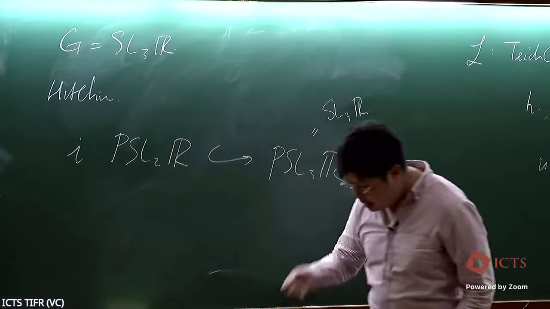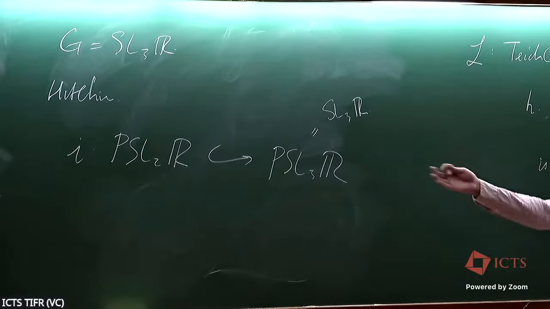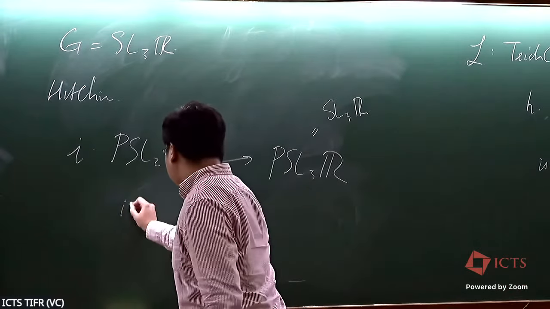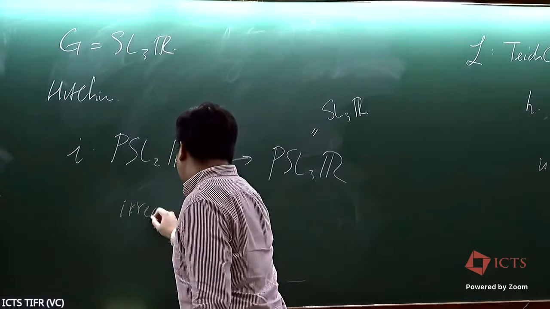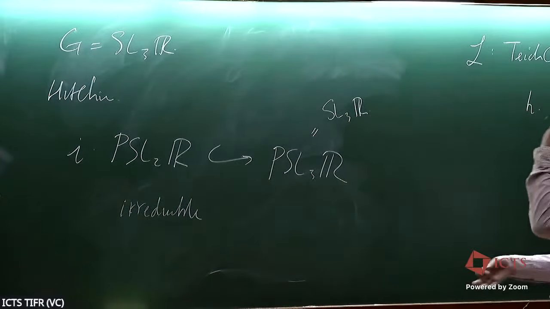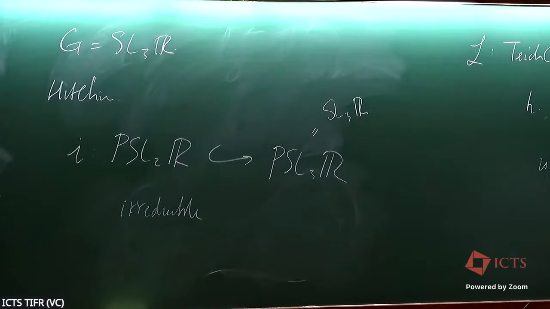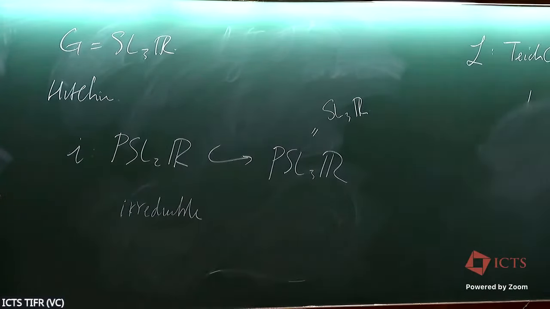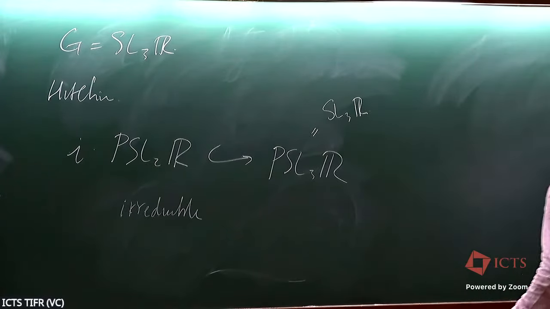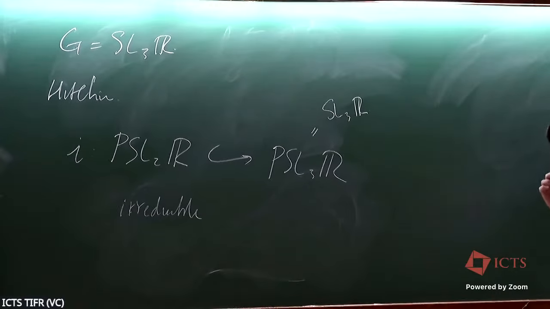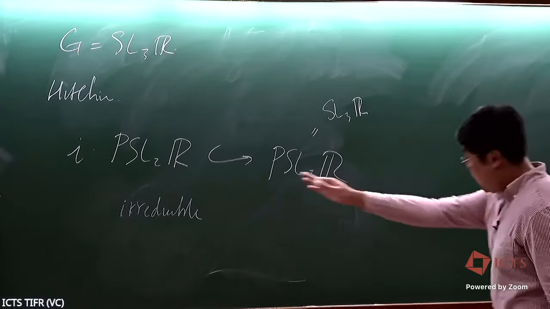And there's a naive way, of course, to stick PSL2R into PSL3R, and that's not the map I use. So I want this irreducible map. And it turns out that up to conjugation, there's only one such irreducible map, and it's very explicit. Let me tell you how explicit it is, and if you're bored, you can play around with this to show that it is actually a well-defined map.